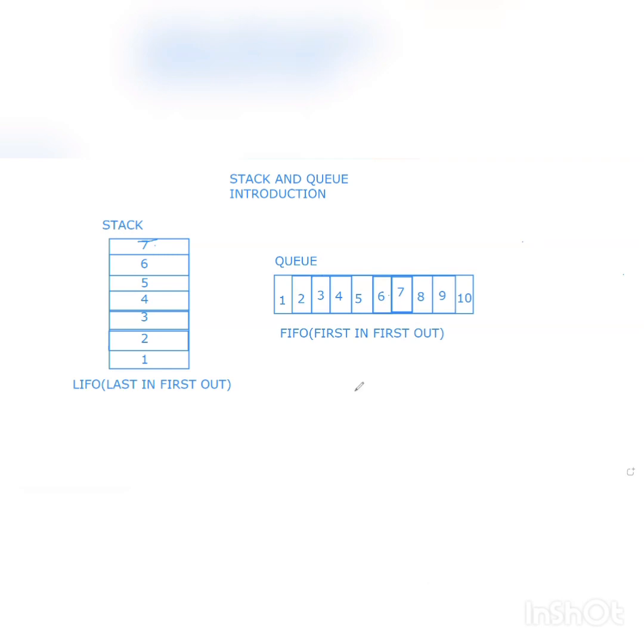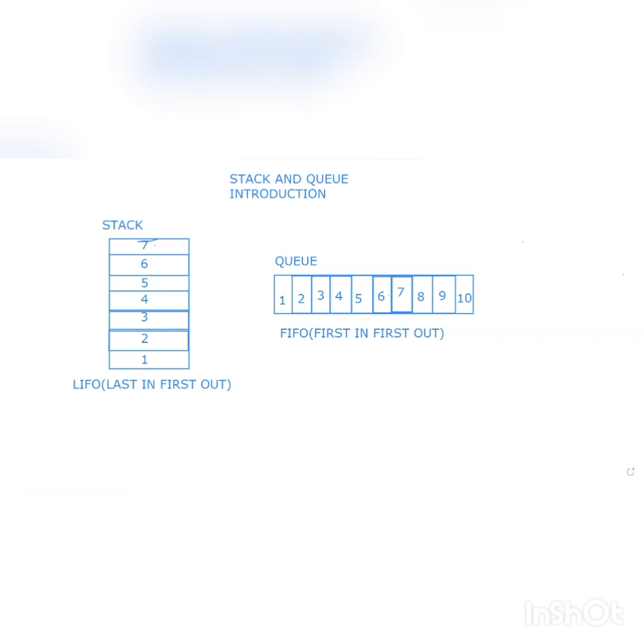So how can we get the peek element? There is another method for that. If we want to find the peek element in a stack, peek element means the topmost element, we can write st.peek. This line will give us the peek element of the stack.